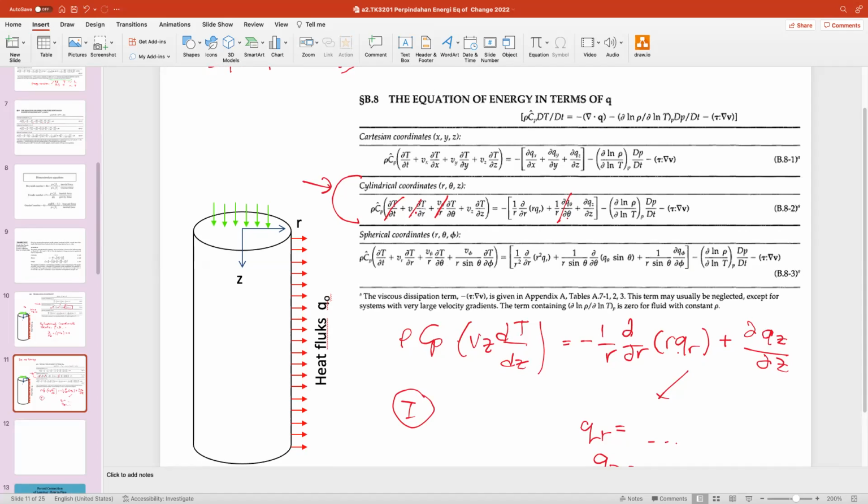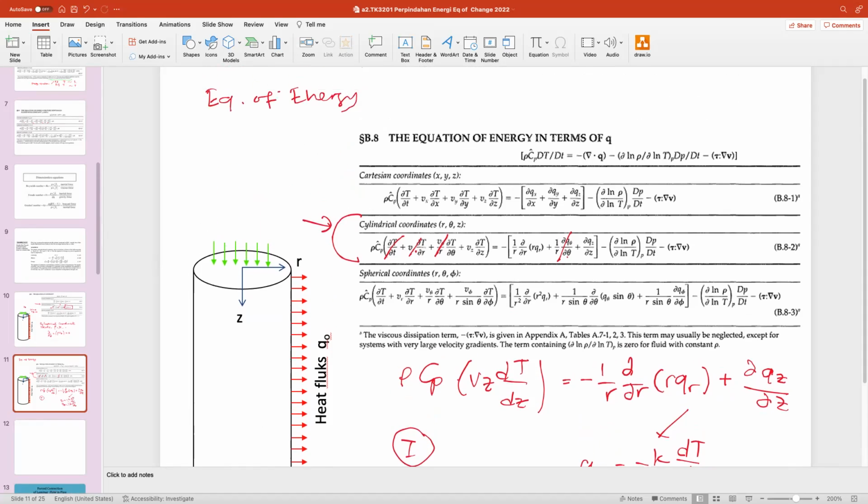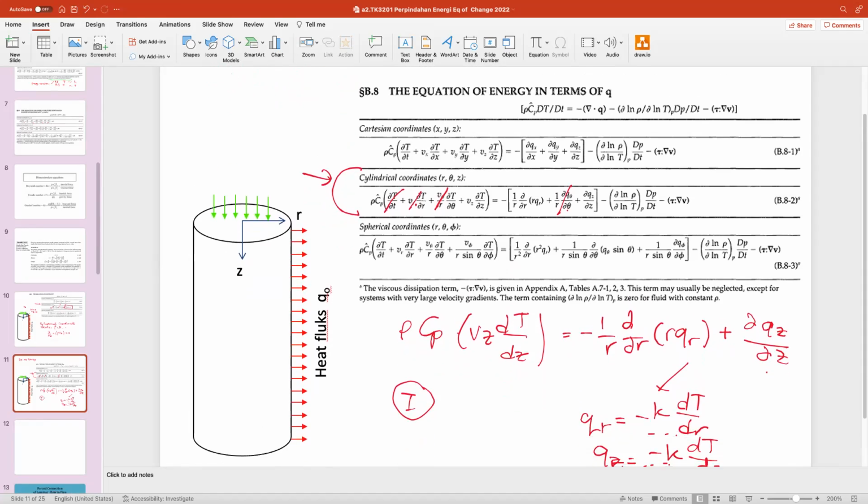But sometimes Q is comprised of minus k dou T over dou r, for example, or minus k dou T over dou z. So sometimes if the boundary condition later on is in temperature, we can use appendix B9.